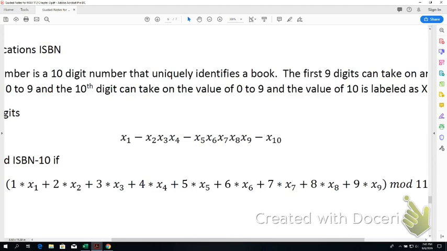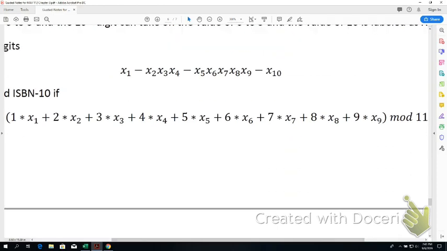Remember, when you do mod 11, you can get any value from 0 to 10, and if you get 10, that means you need to see an X for the 10th digit for it to be a valid ISBN. If you got some other number, then the ISBN is not valid. So the 10th digit is like a check to make sure it works. Let's practice a problem with this.